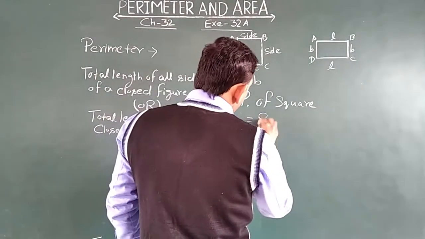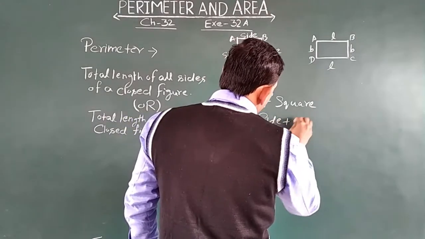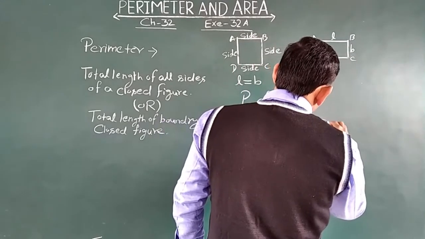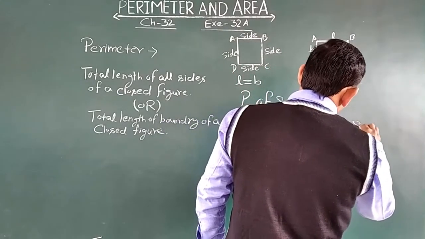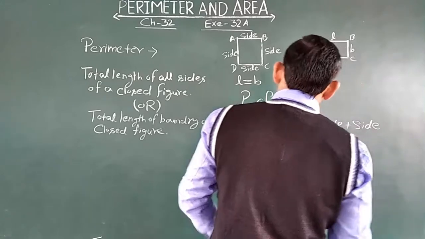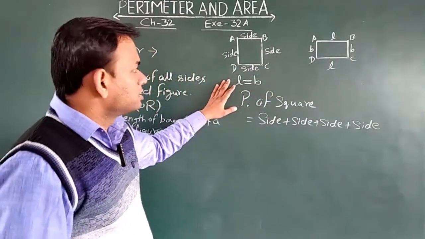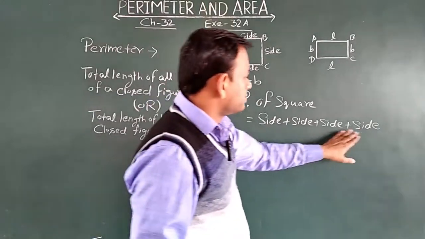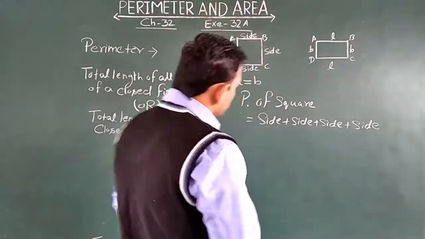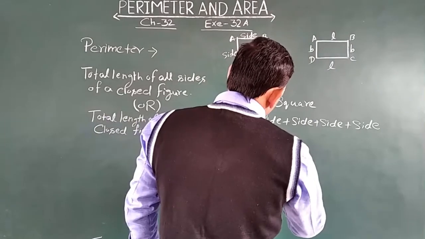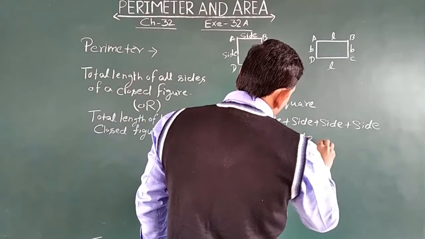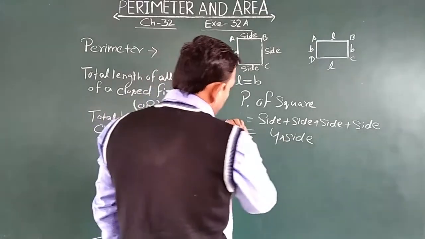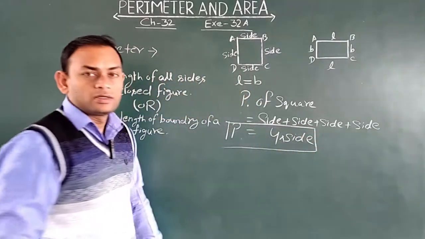There are 4 sides, so the sum of all the sides, or we can say 4 into side. So the perimeter of a square will be 4 into side.